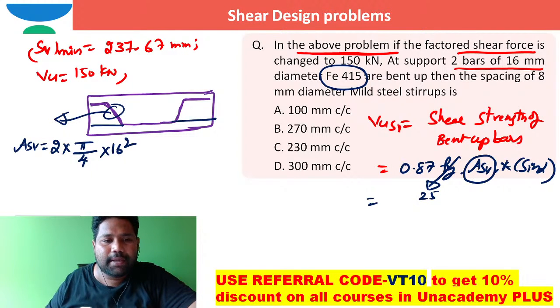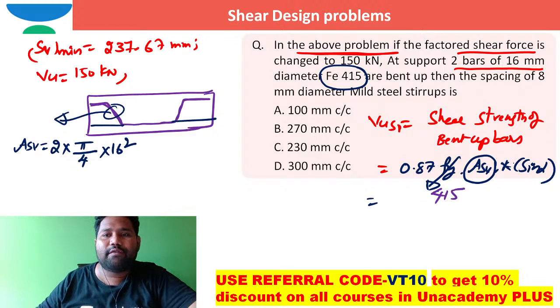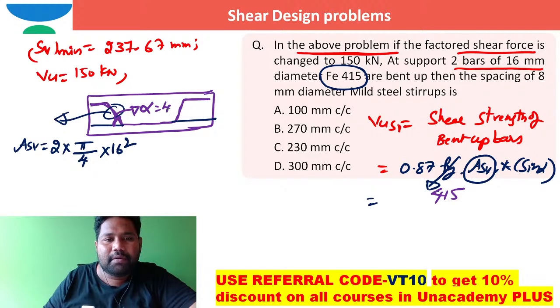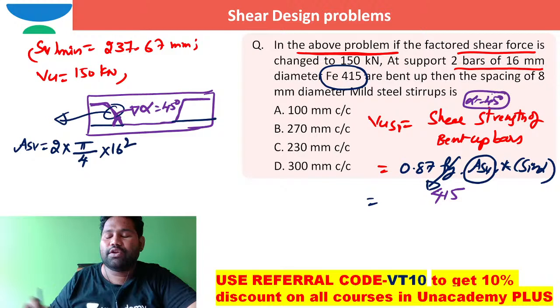I should write Fe 415. Alpha: at what angle are these bars bent up? If the angle is not mentioned, generally you can consider it as 45 degrees.